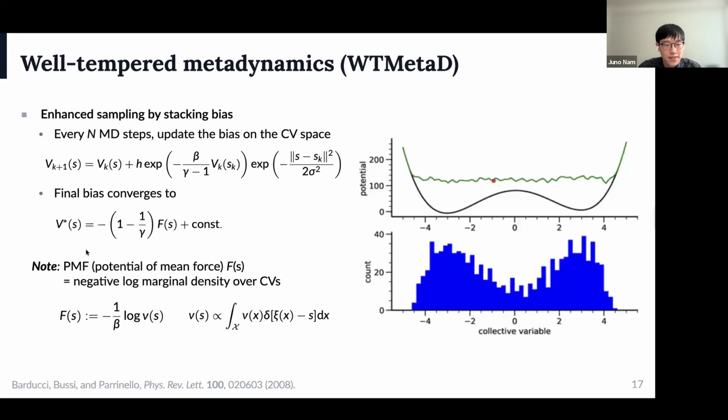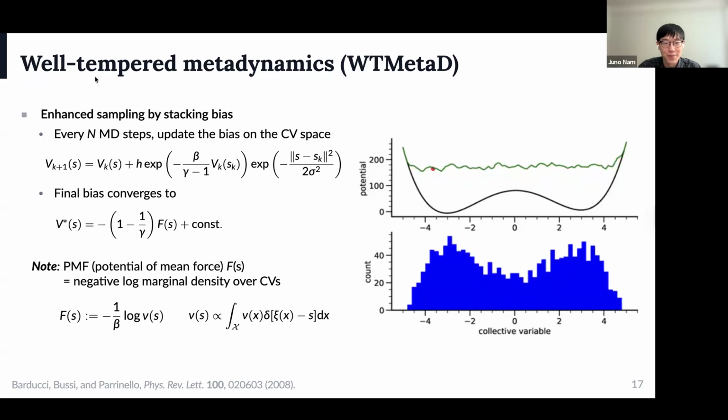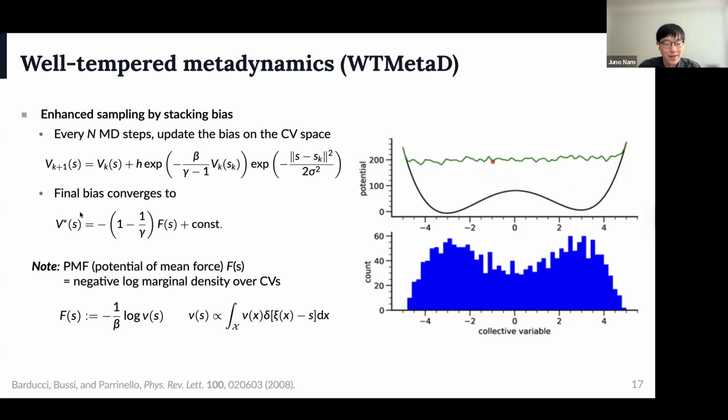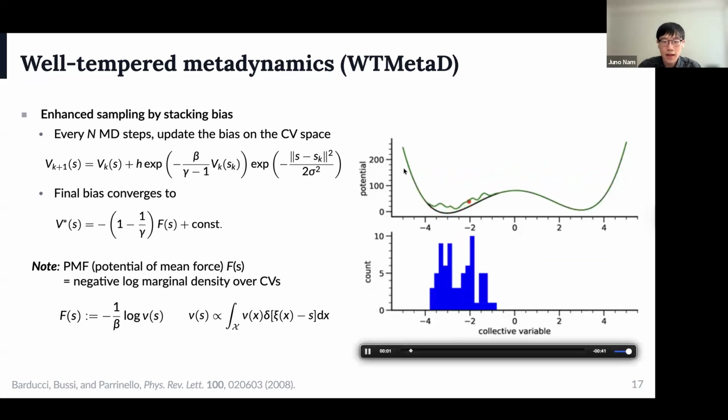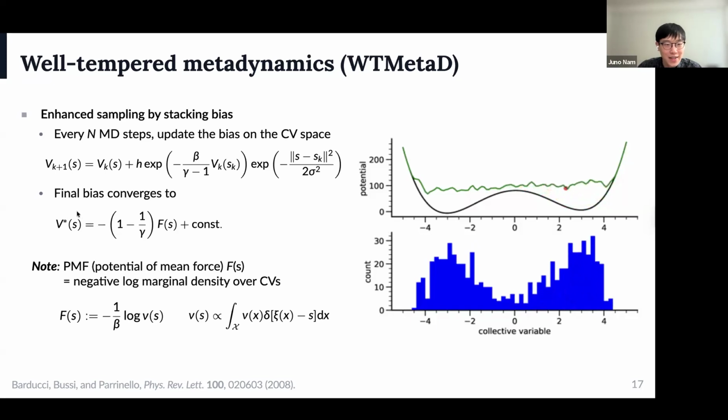So we smoothen out the free energy landscape by applying the bias, but after running this well-tempered metadynamics simulation, we can reconstruct the PMF from the final bias by applying the scale factor.